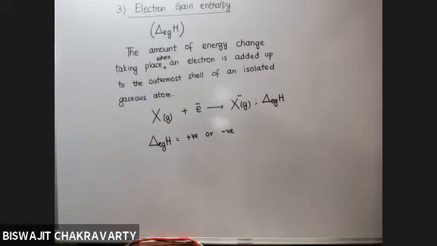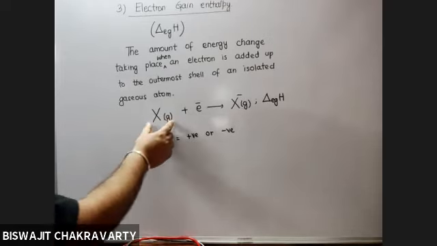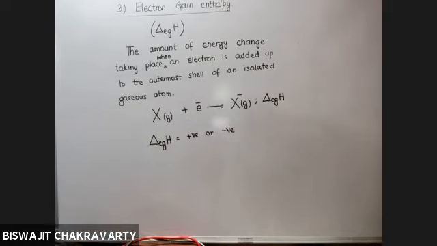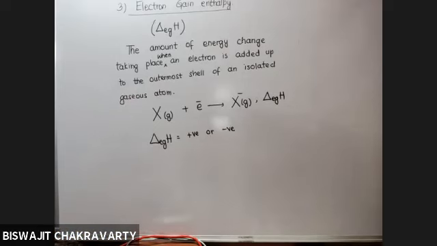Fluorine, chlorine, bromine, iodine, all these atoms are just short of one single electron to complete the octet. And that is why such atoms wholeheartedly accept the electron. And during this process, energy is released. It is just like saying that if you want something of your need, you have to pay for it.